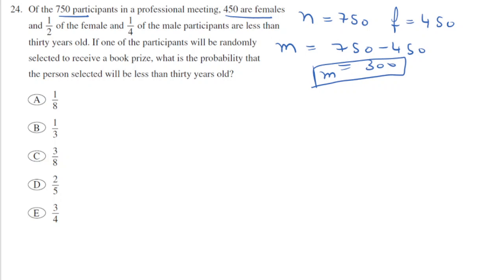Okay, then the question goes on to say that half of the female and 1/4 of male participants are less than 30-year-old. So 1/2 of female plus 1/4 of male are less than 30 years old.